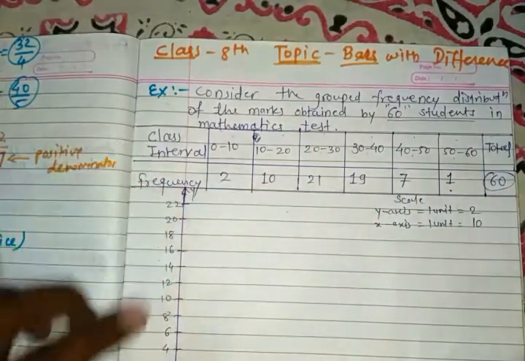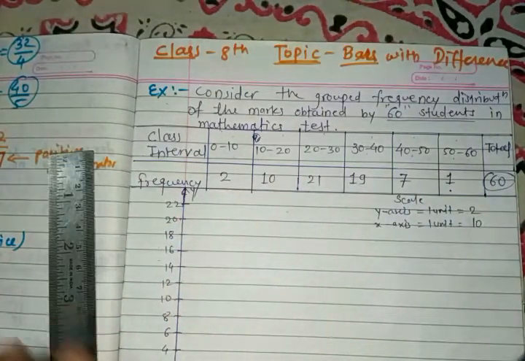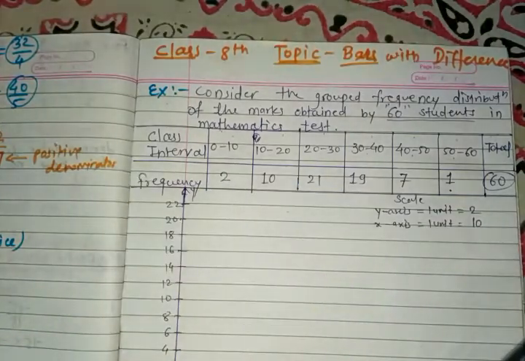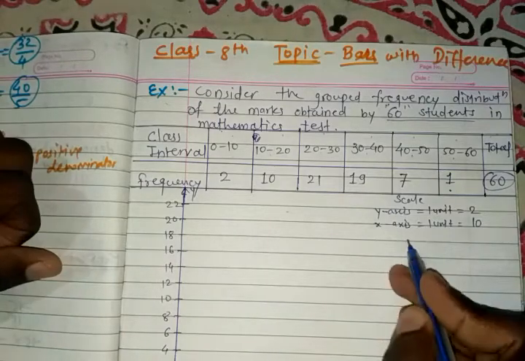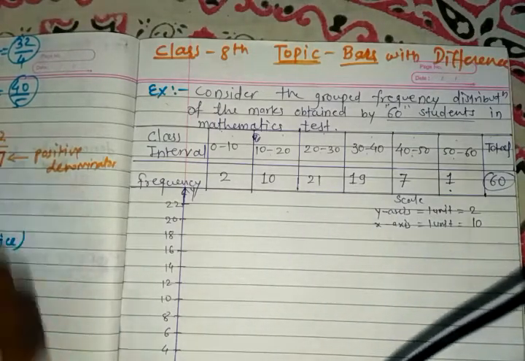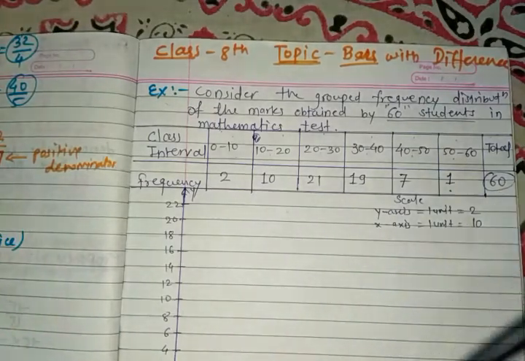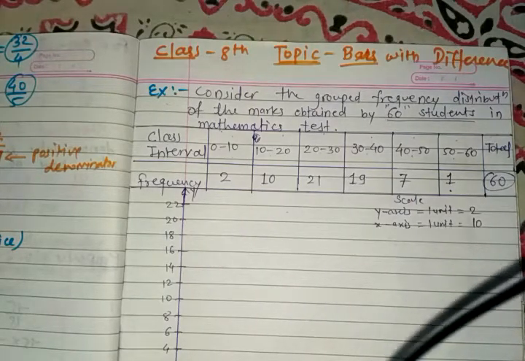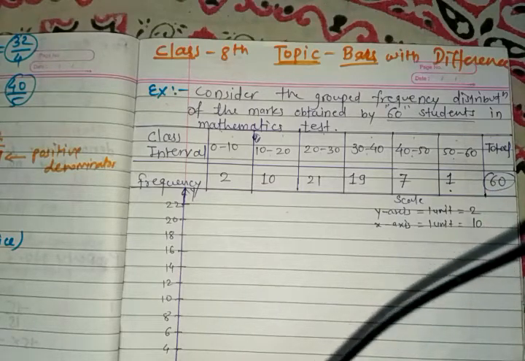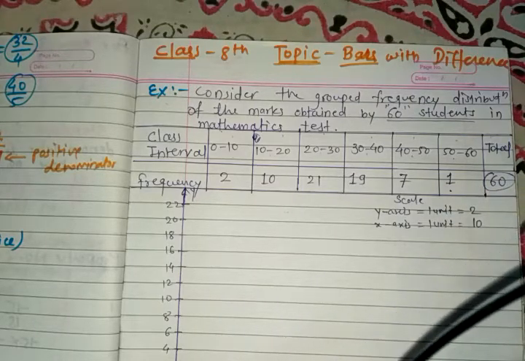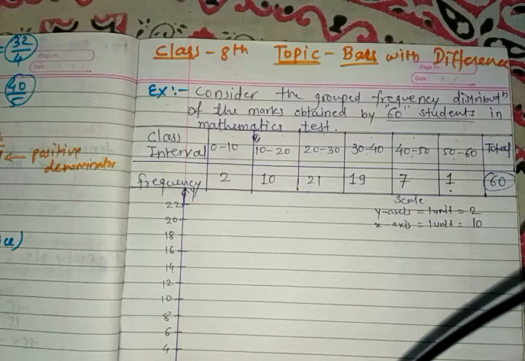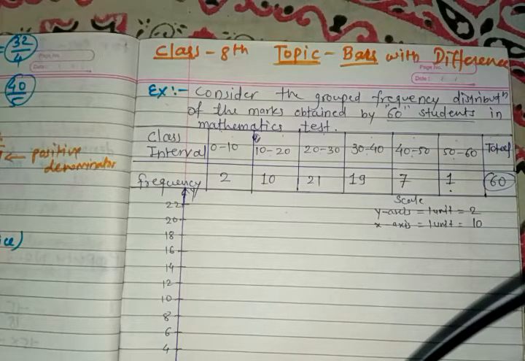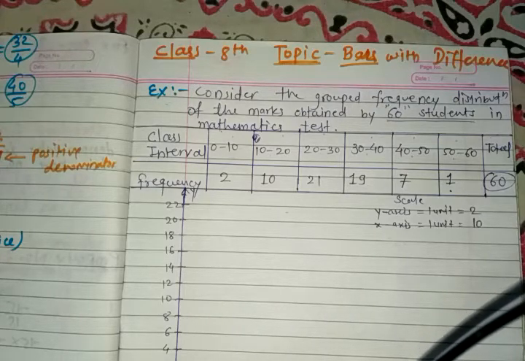So from 0 to 10, what is the frequency? So the frequency is 2. So before that we will plot the x-axis values. Here we will take equal distances. So it is up to 60. 10, 20, 30, 40, 50, 60.